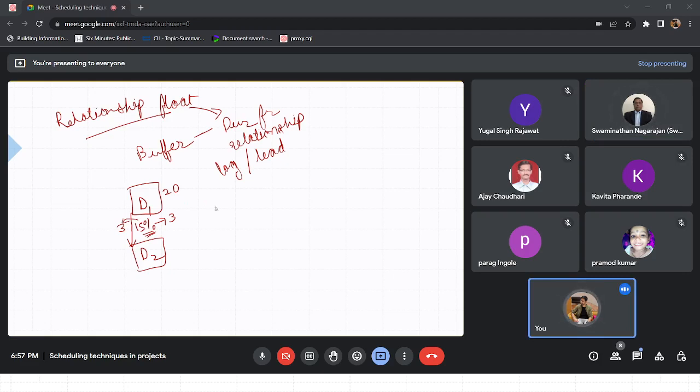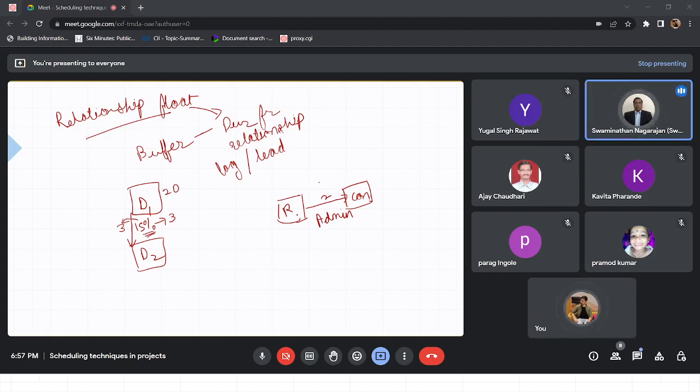Yes. Now it can be anything, like here we attached it to completion of D1, or let's suppose that there is reinforcement placement and concreting, and between them we have a buffer of 2 days for administrative works, like inspection of our reinforcement and all, right?